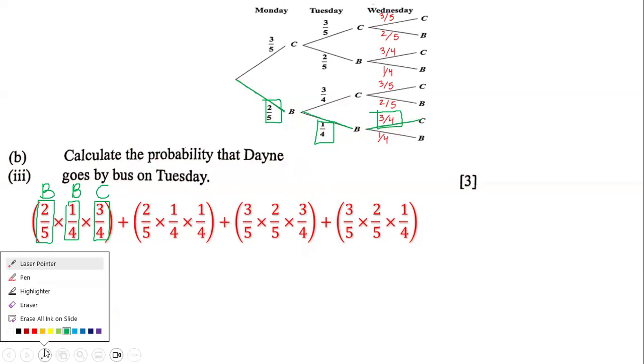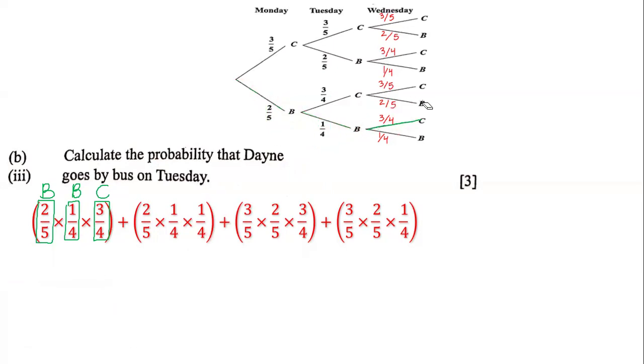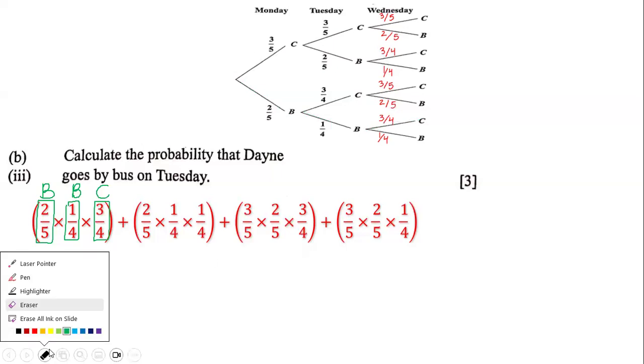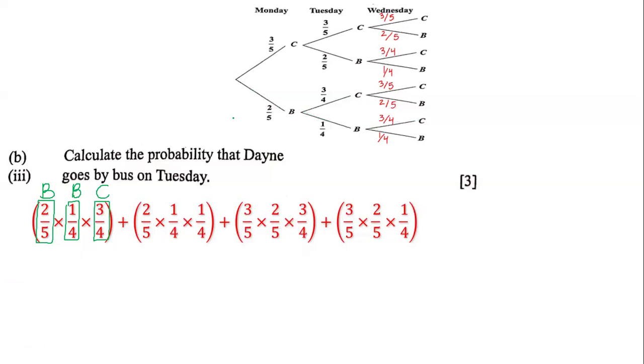All right, what's the next way that can happen? So let me erase these. Another way it can happen is if he takes the bus on Monday, so that's 2/5, right? Then he could take the bus on Tuesday. That's going to be what? 1/4. And then he takes the bus on Wednesday.